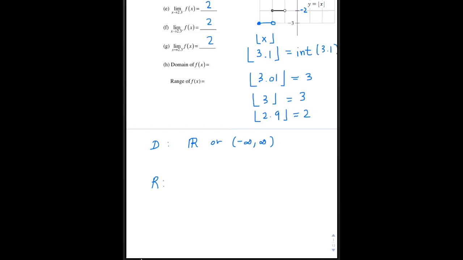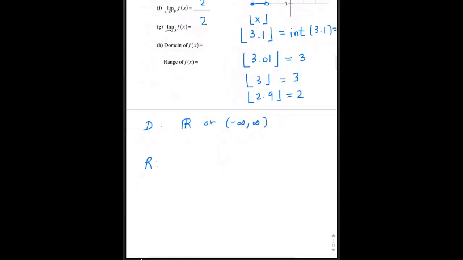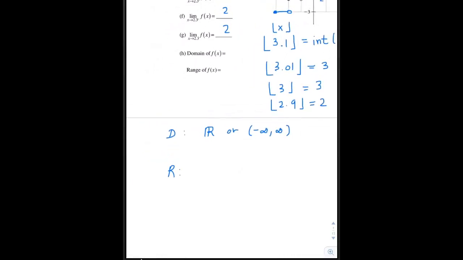Take a look at what's happening with the range, though. What are the y values that we get out? All right, so if I'm trying to find the greatest integer, we looked at 3 or 2.9. You notice, look at all these values, and even if I did some negative numbers, we'd move to the left always. So we're going to just get integer values out. So we actually just get a set of points, and I'm just going to indicate it like this, but it goes on forever.